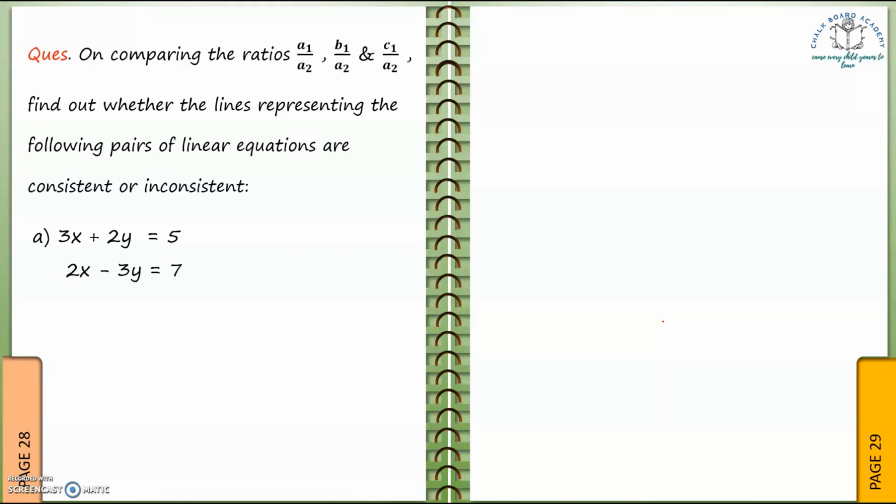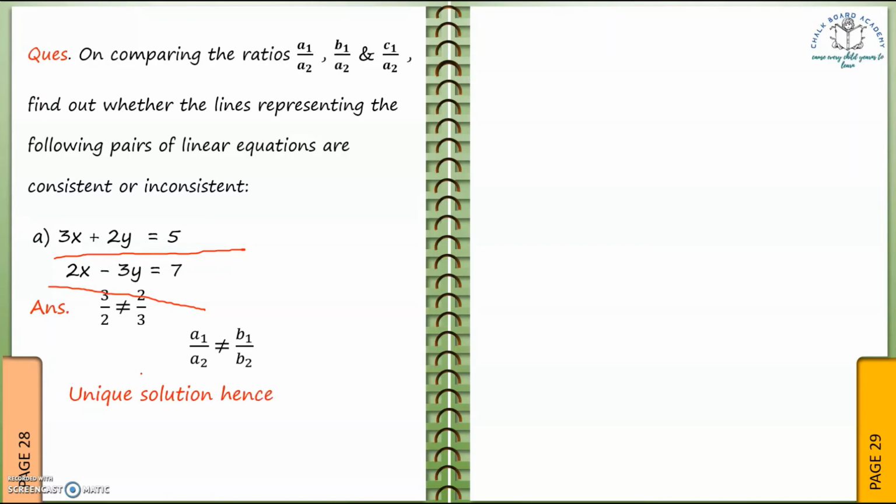So in this example, first equation 3x plus 2y is equal to 5 and 2x minus 3y is equal to 7. When we form the ratio here, we get 3 by 2 is not equal to 2 by 3. When they are not equal, they have one unique solution. That means these equations are consistent to each other.